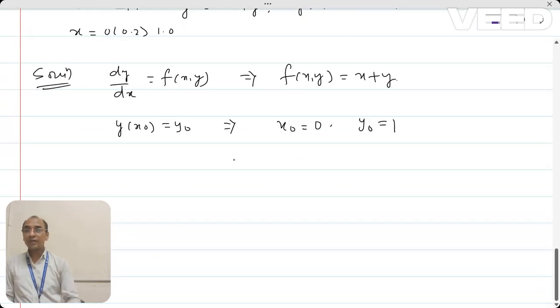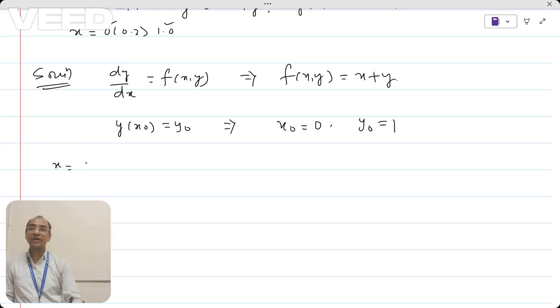Now let me tell you the meaning of this. Here my starting value is 0 and it will go up to 1 with the step size 0.2. So x is, I will start with 0, and then the next value is 0.2, then 0.4, then 0.6, then 0.8, and then 1.